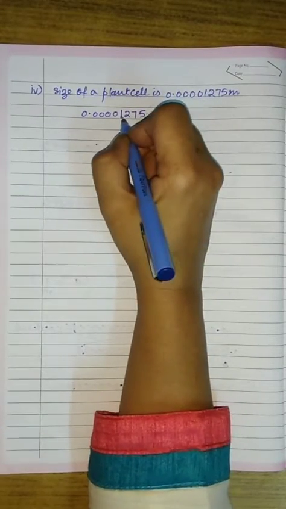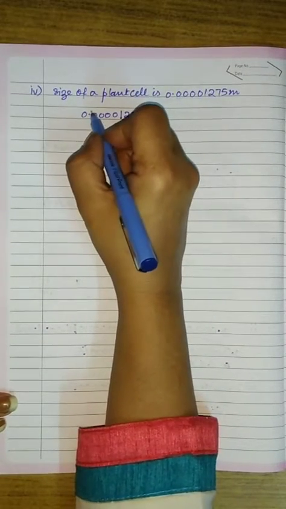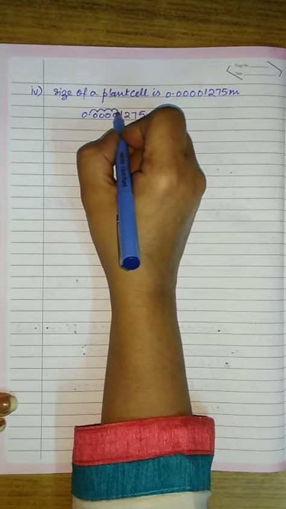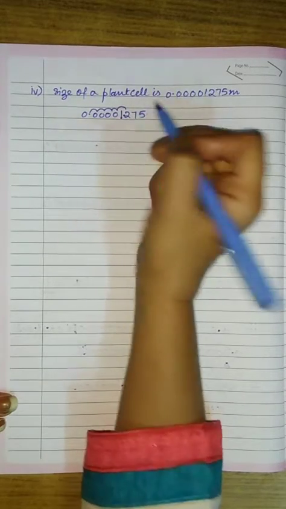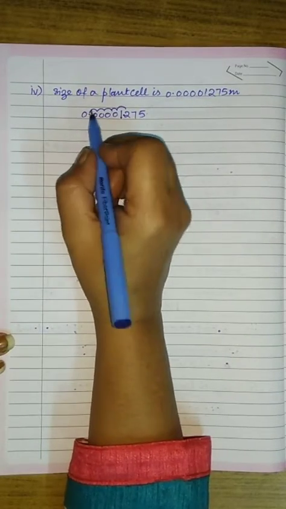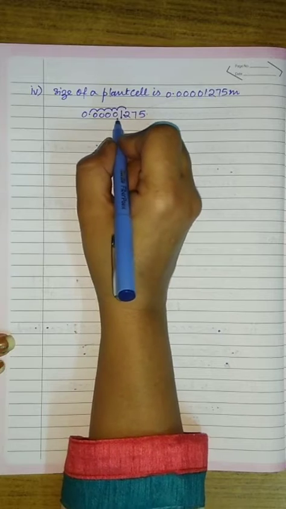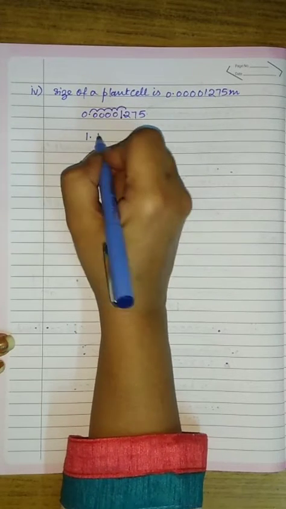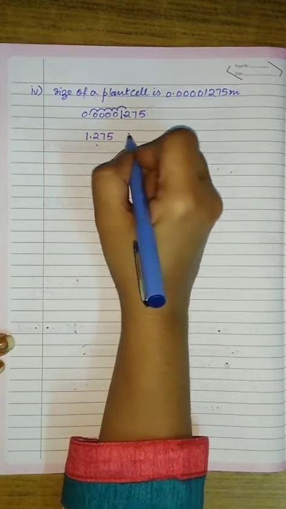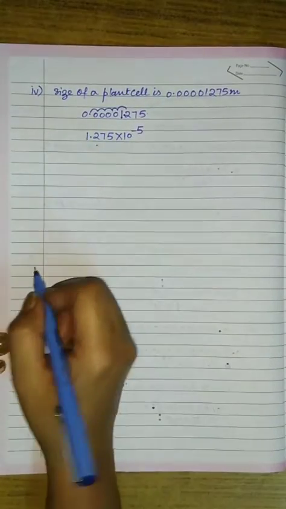I have to shift the decimal after 1. So how many places? 5 places, 1, 2, 3, 4 and 5, to get the decimal after 1. I have shifted the decimal from left to right, so the exponent will be negative. So the number will become 1.275 into 10 raised to power minus 5.